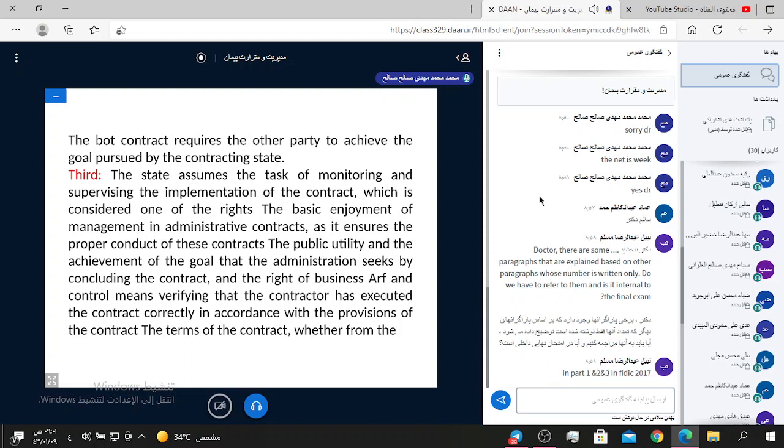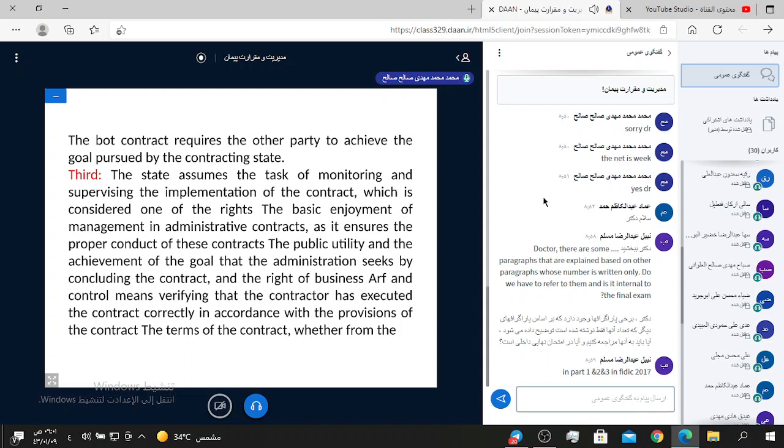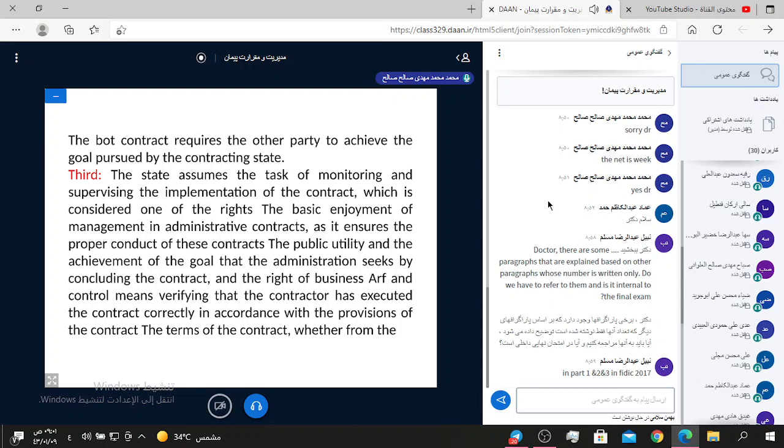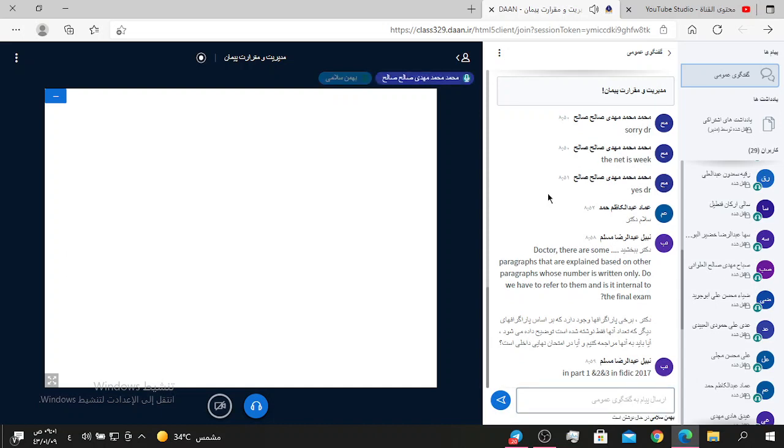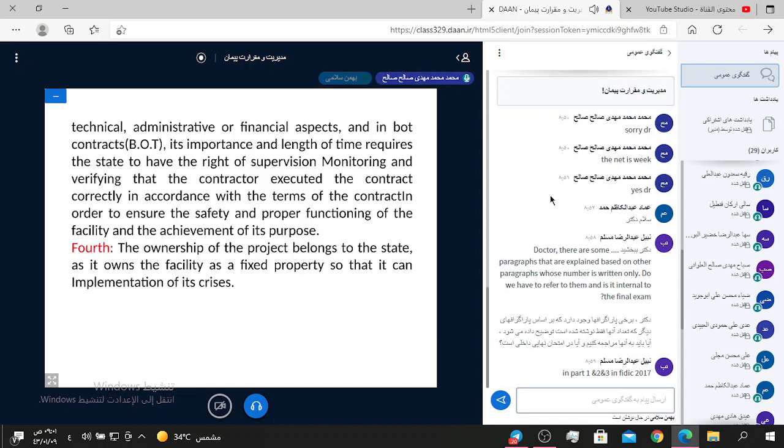contractor has executed the contract correctly in accordance with the provisions of the contract in the term of the contract, from the technical, administrative, or functional specifics, and it directly relates to contracts.